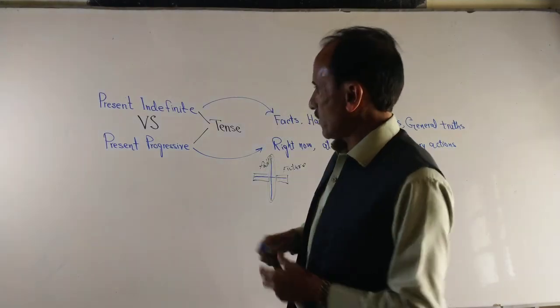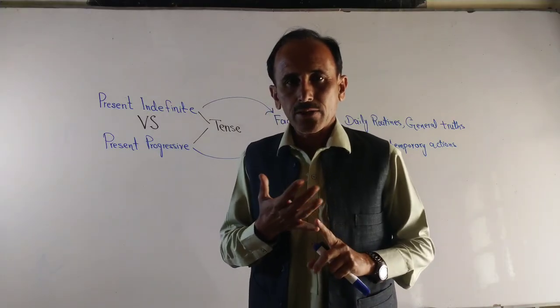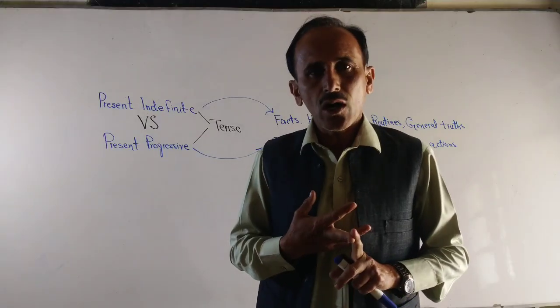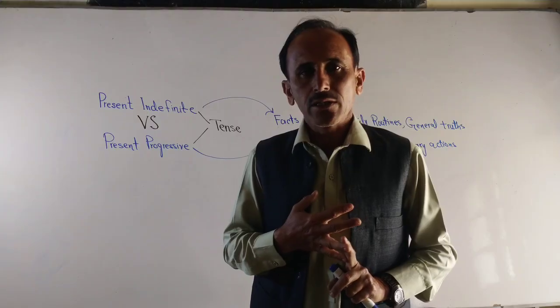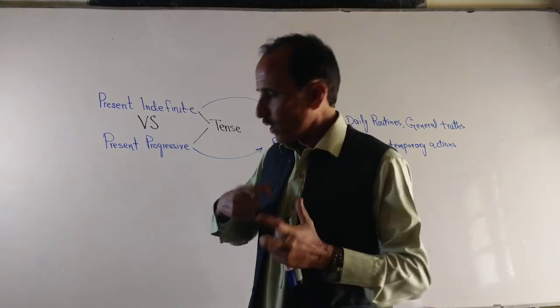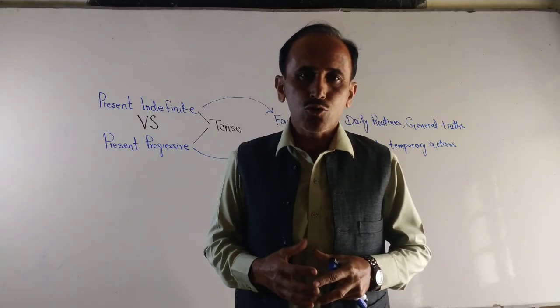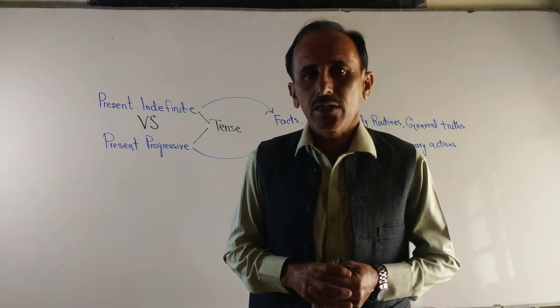So, every tense has four main kinds. For example, simple present or present indefinite; number two, progressive or continuous; number three, perfect; number four, perfect continuous. For example, present indefinite, present continuous, present perfect, and present perfect continuous.